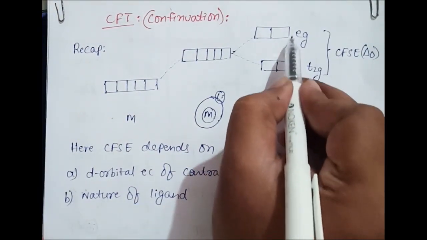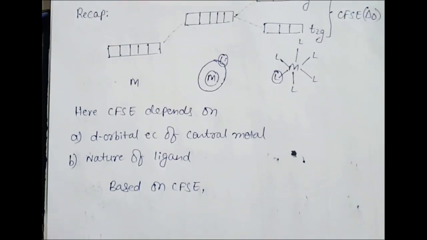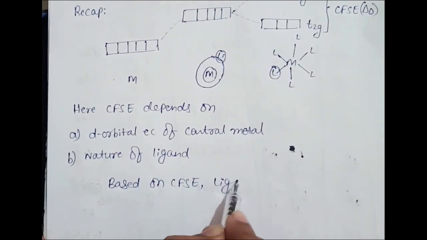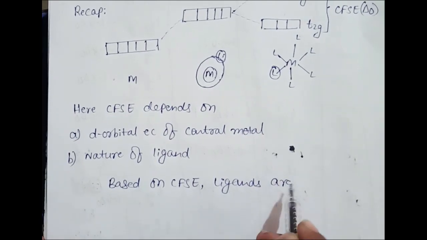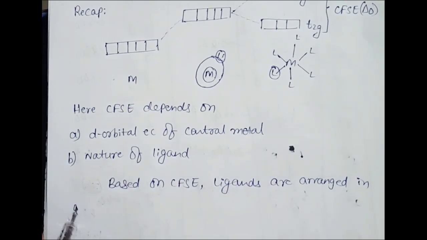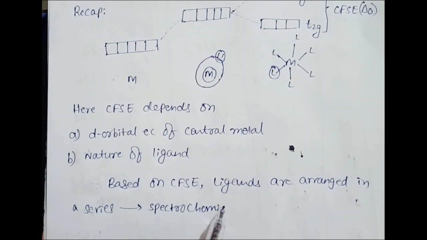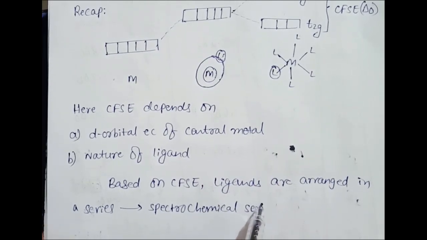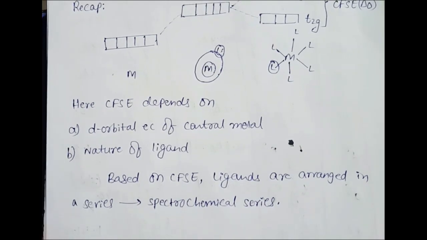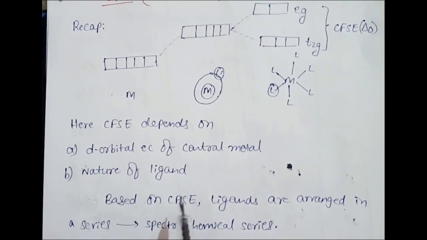Based on the crystal field splitting energy, based on CFSE, it's an experimental value, ligands are arranged in a series, which is called the spectrochemical series. Many students ask what is spectrochemical series. It is the arrangement of ligands in the increasing or decreasing order of their CFSE value.